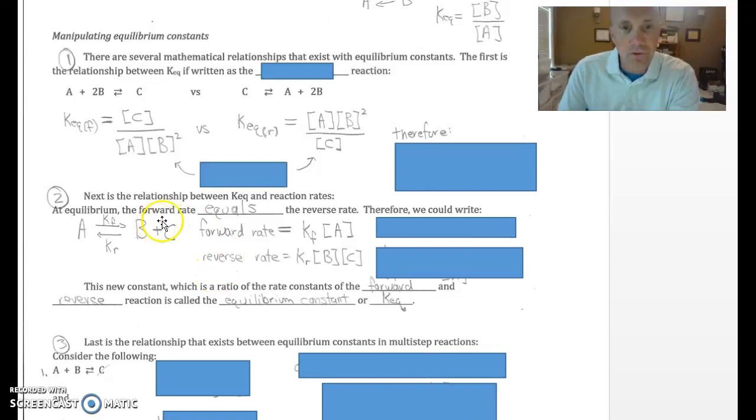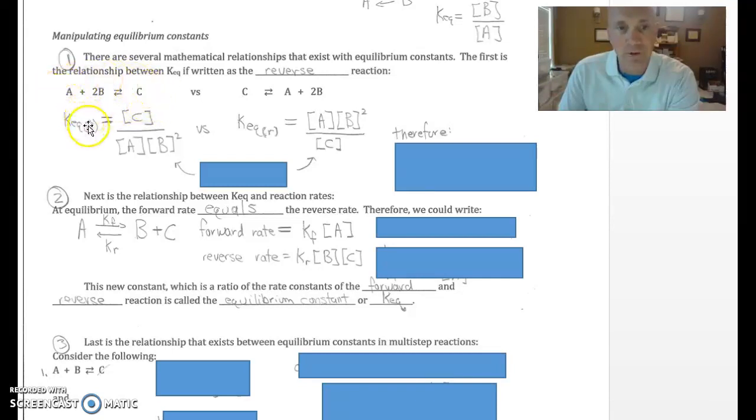Okay, so the last topic that we want to cover concerning equilibrium constants is how they can be mathematically manipulated in different situations. Two of these we've already actually talked about before, and I'm just recapping those here. The first is the relationship between the equilibrium constant if the reaction were to be written as the reverse reaction. Remember that any given equilibrium constant has to be written for a specific shown reversible reaction.